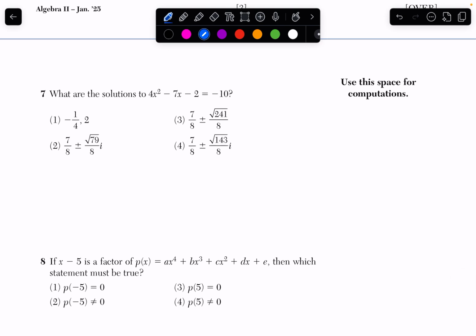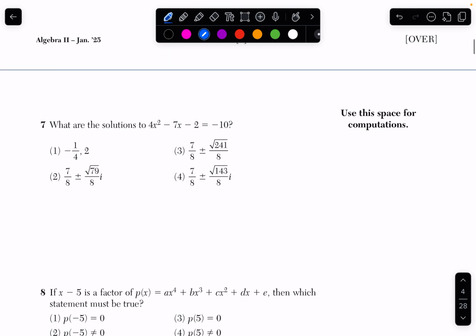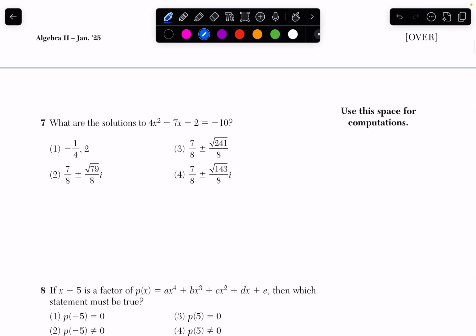Here we go. Number 7. Now, because these questions end up with radicals and i's, I'm going to use the quadratic formula. So we have to do 4x squared minus 7x minus 2 is equal to negative 10.